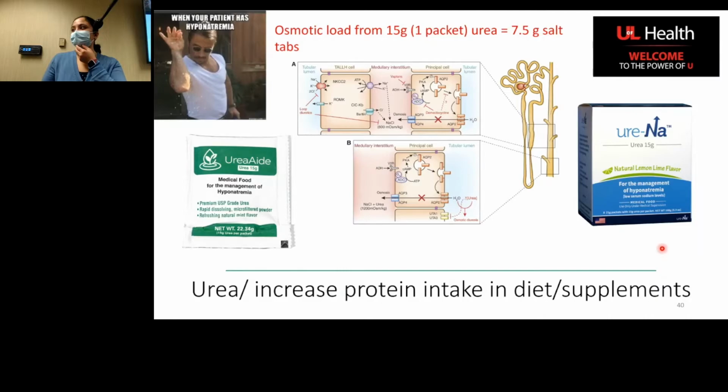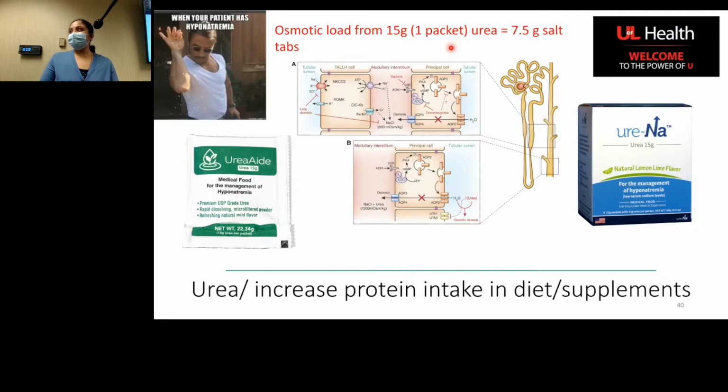It's basically a health food supplement. Two brands that so far I'm familiar with are Urina, lime flavored, and then Uriate. This is a 15 gram packet. I think 8 packets cost somewhere around $90 to $100, but insurance doesn't cover it. I think if they have FSA funds or something, it can be paid through that.